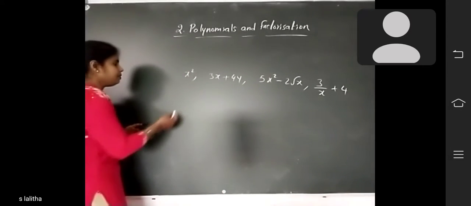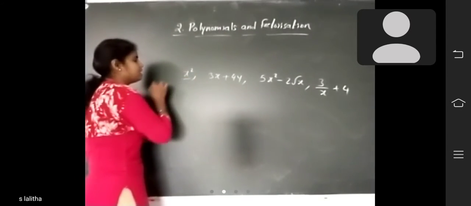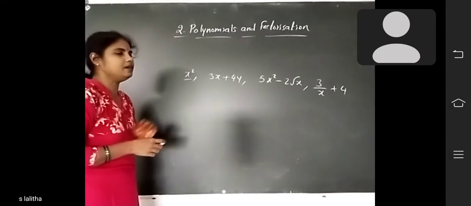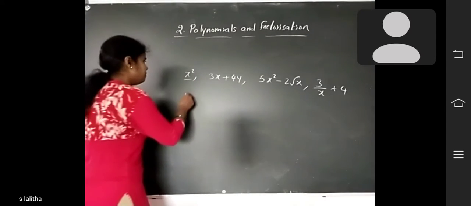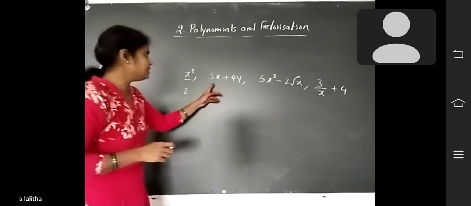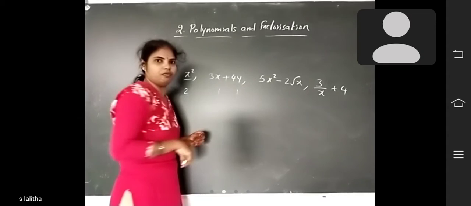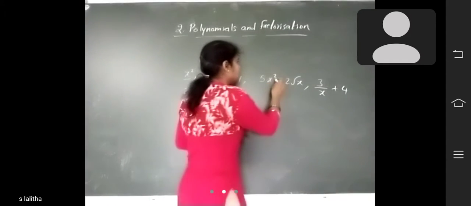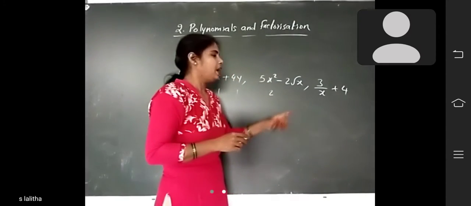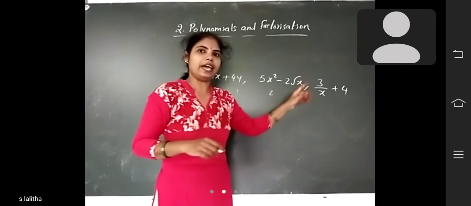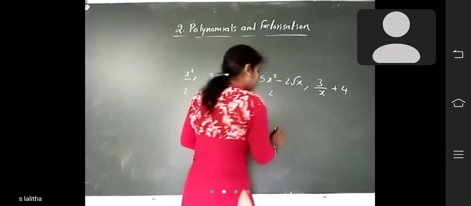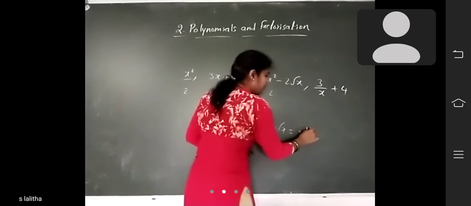Now, see here, the first algebraic expression. What is the power here? 2. And next here, x power is 1, y power is 1. And next here, x square. What is the power? 2. And what is the power of root x? Root x can be written as x power 1 by 2.